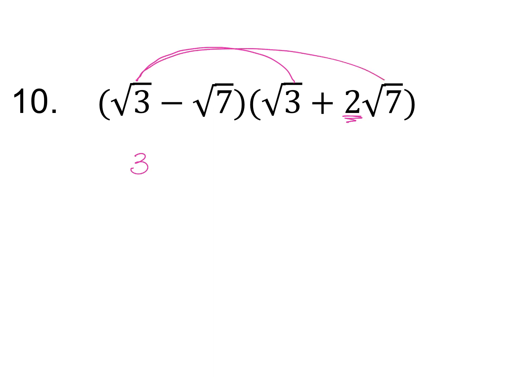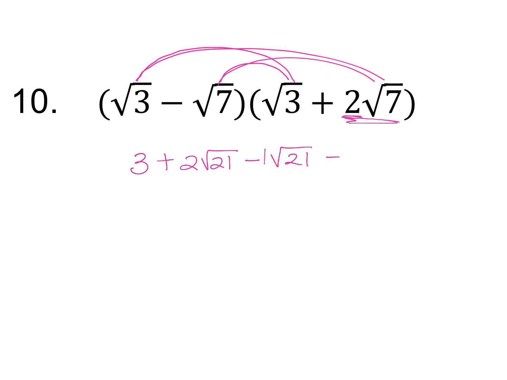Square root of 3 times 2 rad 7 is a positive 2 rad 21. This is a negative rad 7 times rad 3, so minus rad 21. If you want to put a 1 in front of there to help you remember it's 1 rad 21, you can, you don't have to. And then our last, you have a negative rad 7 times 2 rad 7.